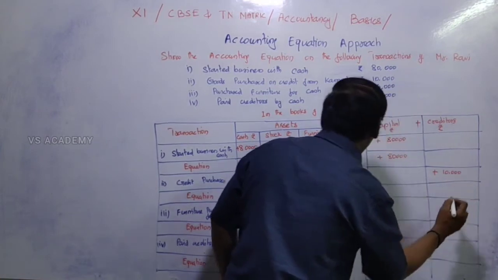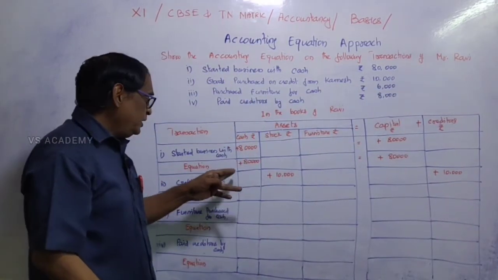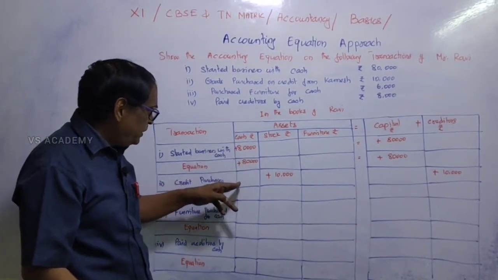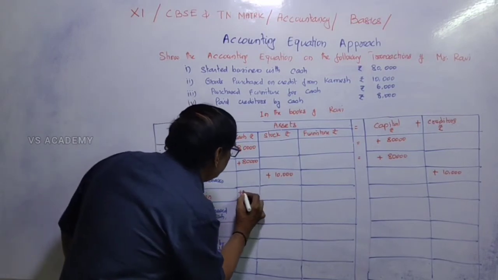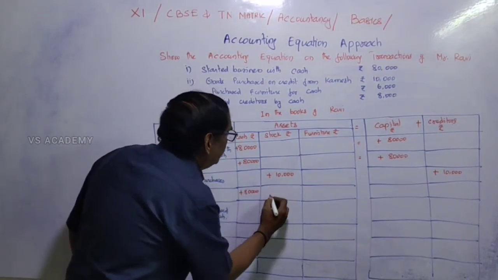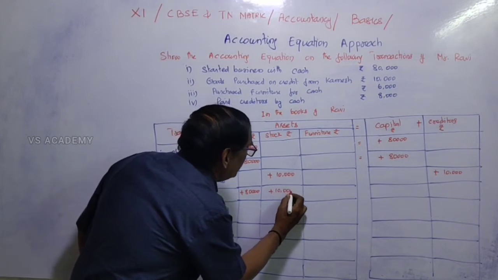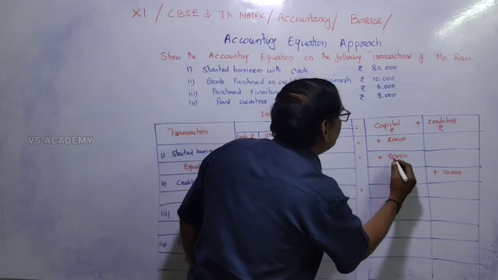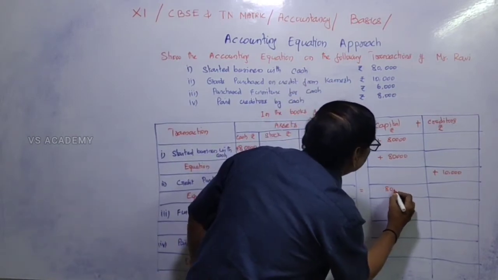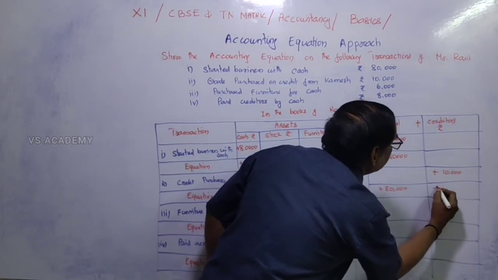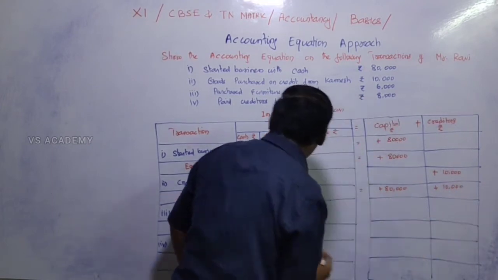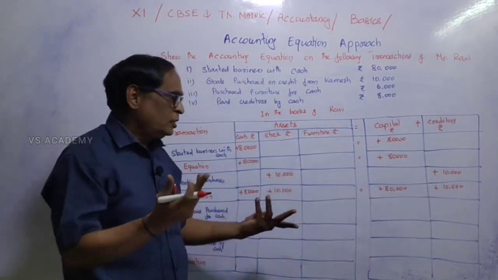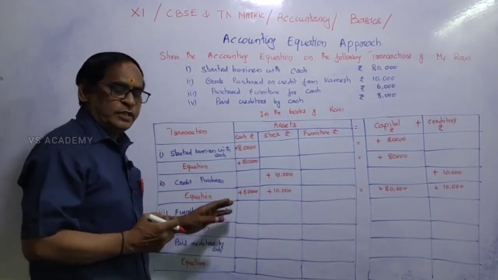According to the previous transaction, there was a balance of 80,000 rupees cash. So the equation is plus 80,000 and plus stock 10,000 equal to the liability, the same 80,000 plus 10,000, that means 90,000. So it is tallied in the equation method.